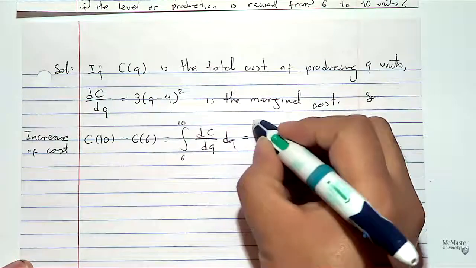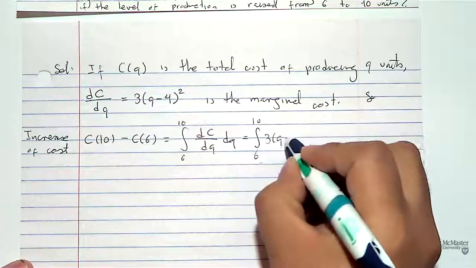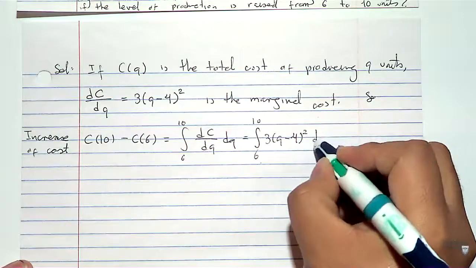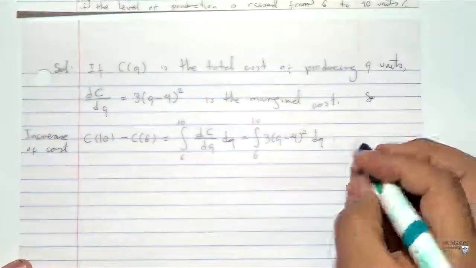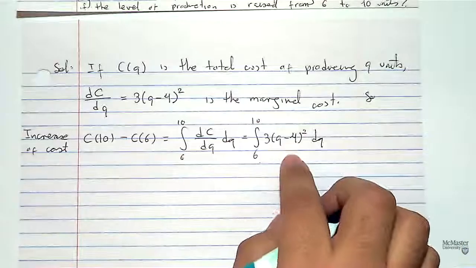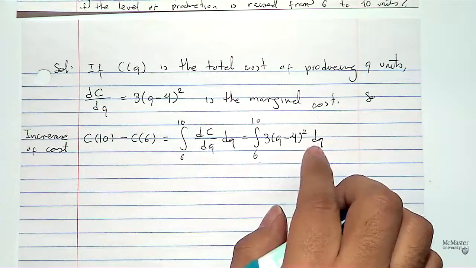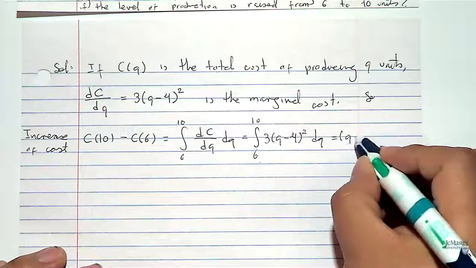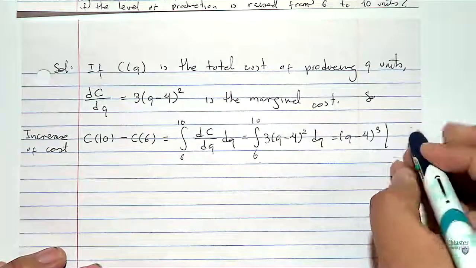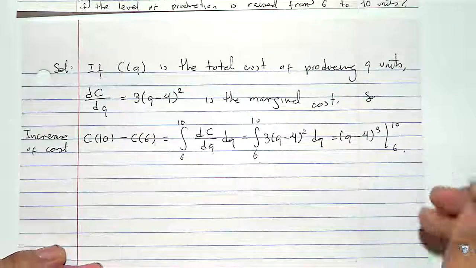So this is the integral from 6 to 10 of 3(Q minus 4) squared dQ. Actually, in this case, formally speaking, you use the substitution method, right? And the function u would be Q minus 4, so you have 3u squared, which integrates to u cubed, and you could go back again. So we have actually skipped this step. We did option 1.